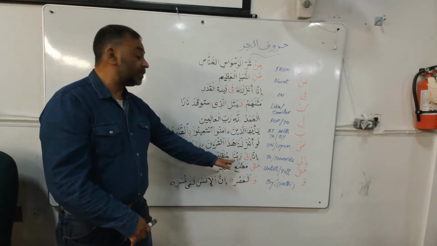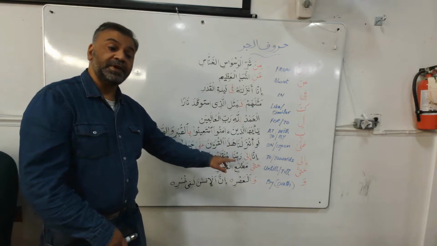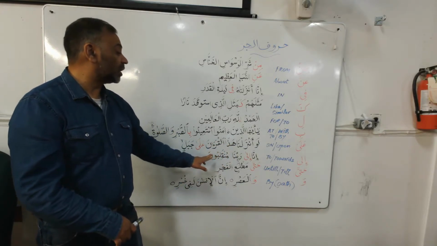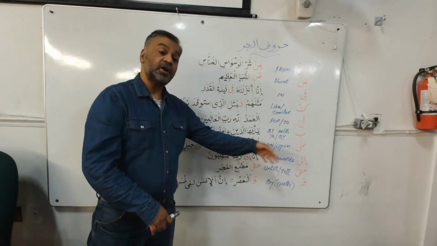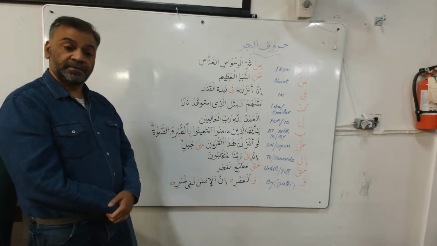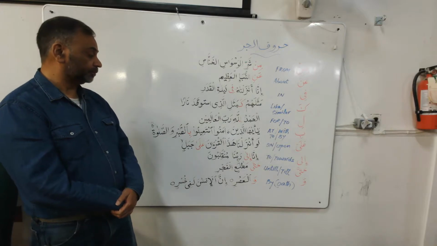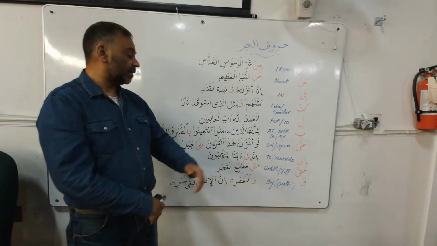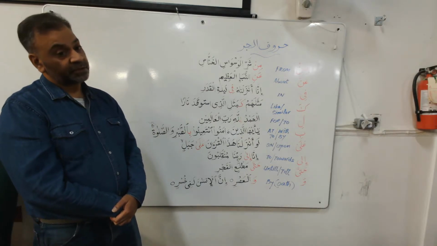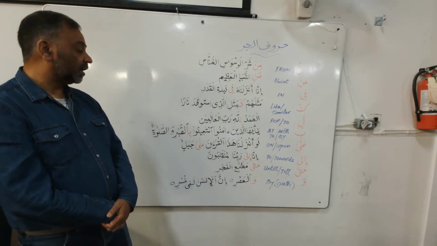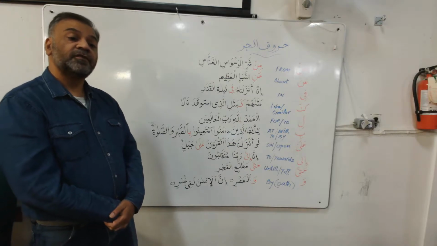Ila Rabbi, not Rabbu, Rabbi. Rabbina munqalibun. We have to return to our Lord or towards our Lord. Rabbi, not Rabbu, Rabbi. Hatta, hatta matla'il fajr, right? Until the rising of the dawn.